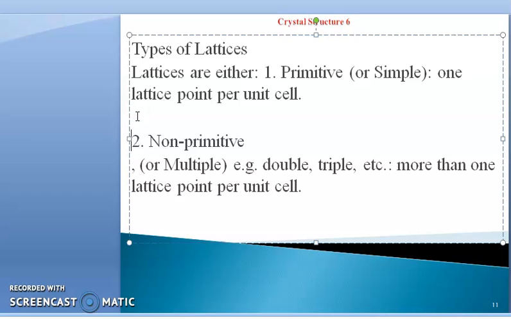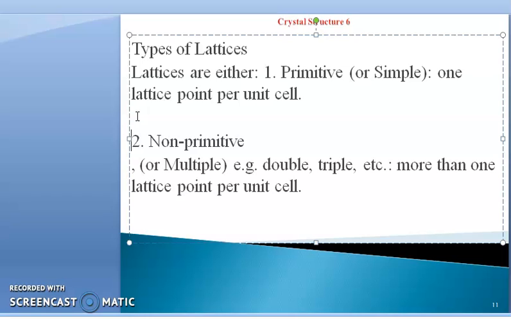Now, what about primitive? One lattice point per unit cell. A primitive lattice possesses one lattice point per unit cell. And in case of non-primitive, for example double, triple, etc., there are multiple lattice points per unit cell.